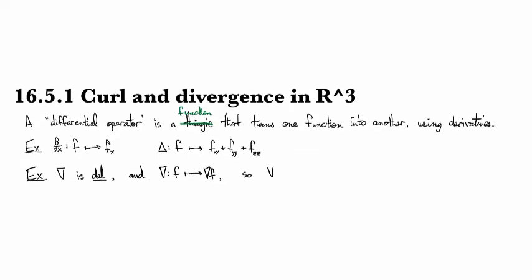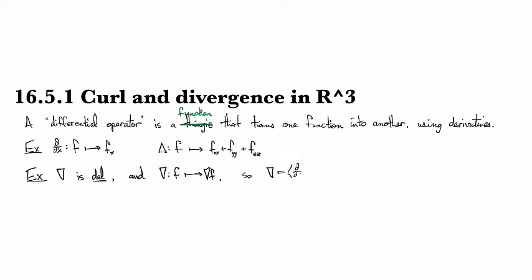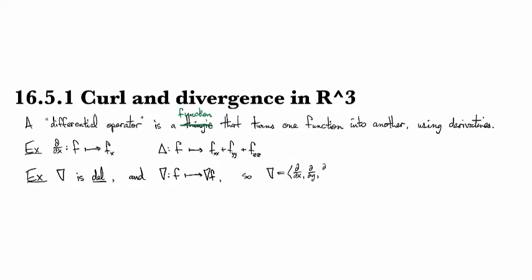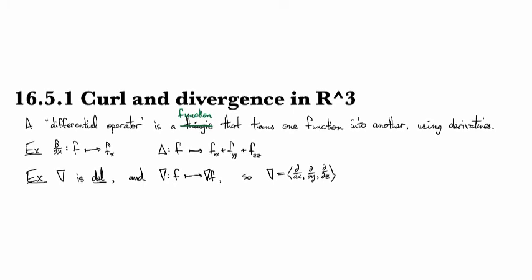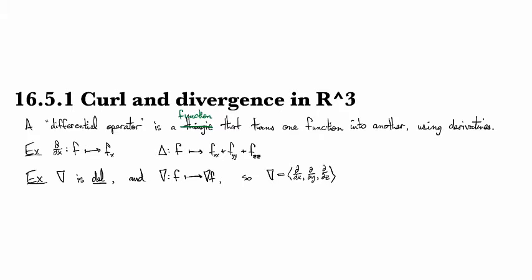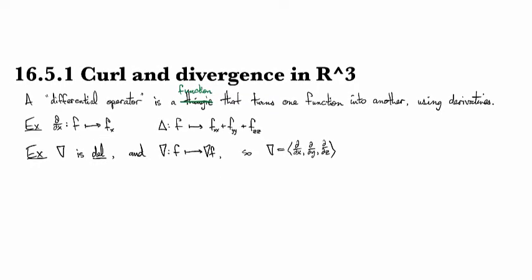So del looks like this quote-unquote vector. It's actually a vector-valued differential operator. This turns out to be very useful conceptually for working with vector fields and scalar fields in R3.